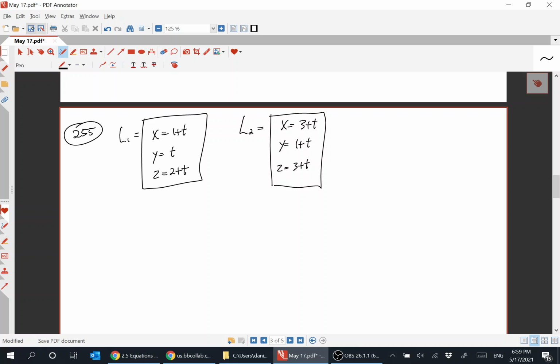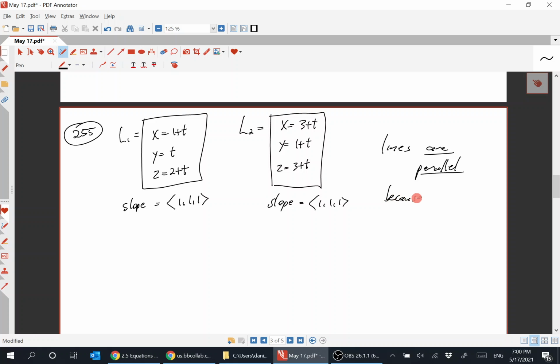So the slope here is the coefficients of the t. It's just 1, 1, 1. And the slope here, 1, 1, 1. So the same slope vector. So the lines are parallel. Right?